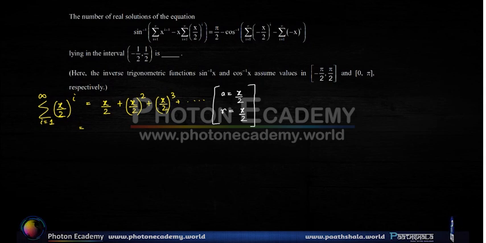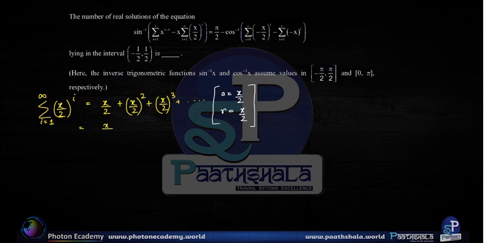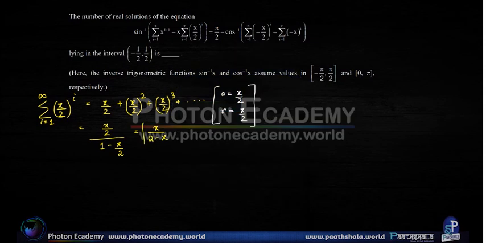So the summation is x by 2 divided by 1 minus x by 2, which is equal to x divided by 2 minus x.